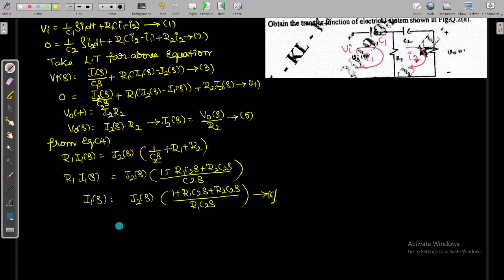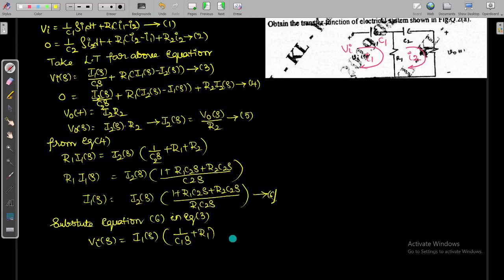So what you have to do? Substitute equation number 6 in equation 3. So what are you going to get? Vi of s equals, in place of I1 of s, taking the I1 of s terms as common, 1 by C1s plus R1 minus R1 into I2 of s.